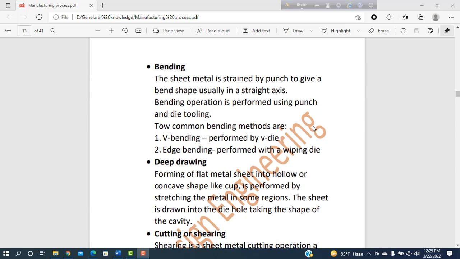The sheet metal is strained by punches to give a bent shape, usually along a straight axis. Bending operation is performed using punch and die tooling. Two common bending methods are used, V-bending and wiping bending. V-bending is performed by the V die and wiping bending is performed with a wiping die.